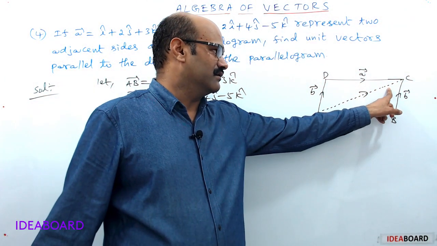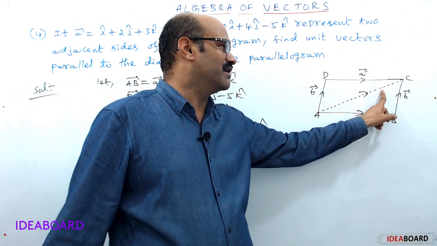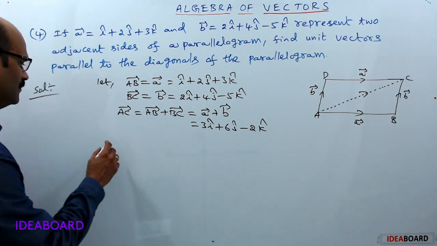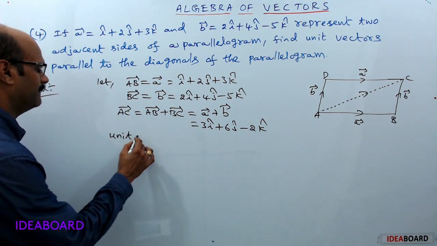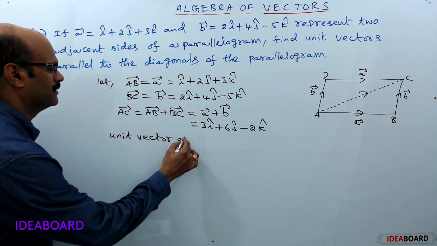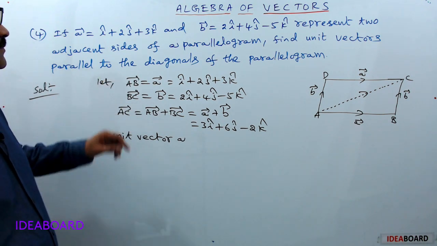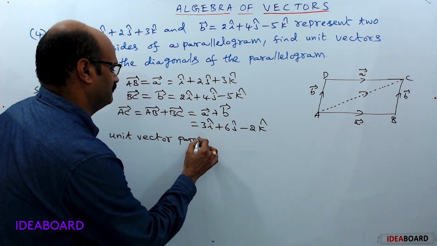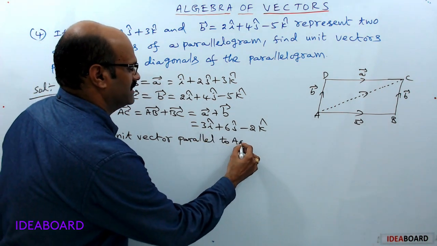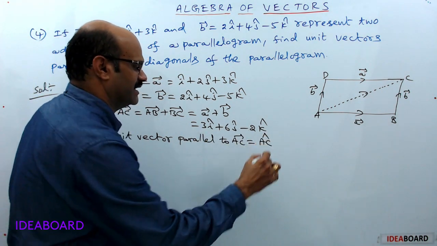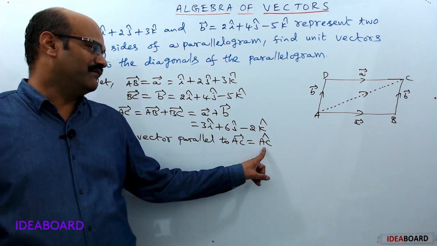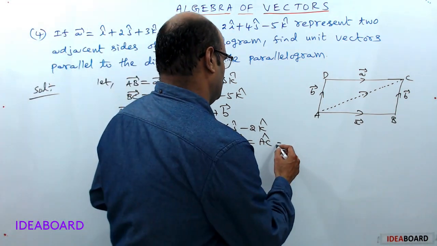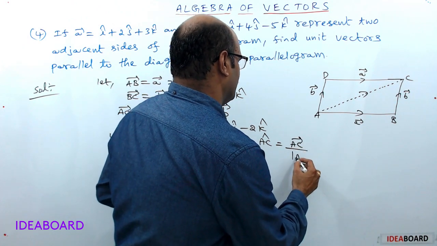We have one diagonal here. The unit vector along AC vector is always equal to AC cap. Unit vector parallel to AC vector equal to AC cap. The formula for AC cap equal to AC vector by mod AC vector.